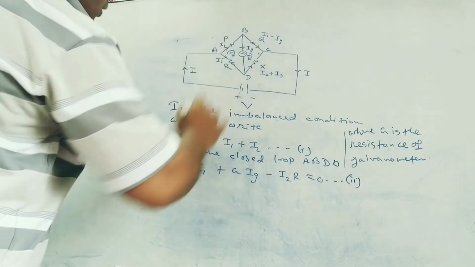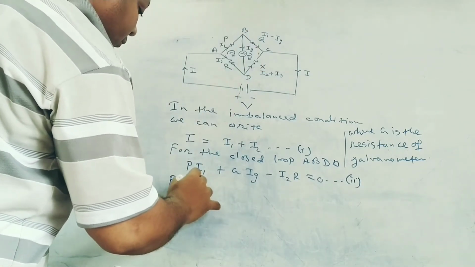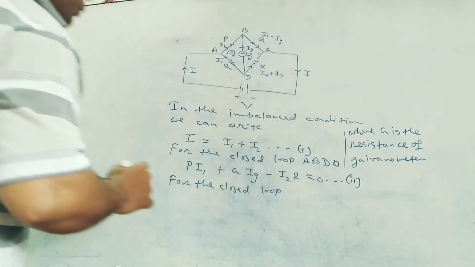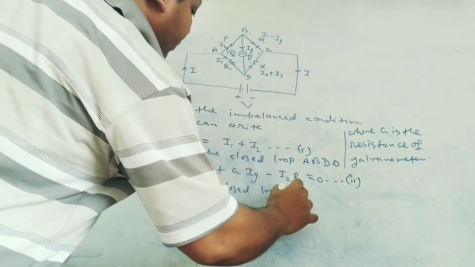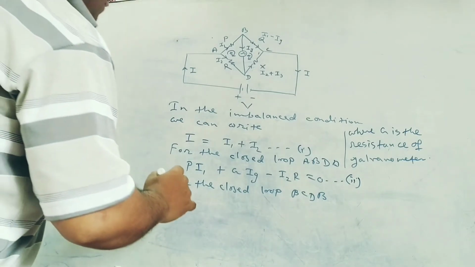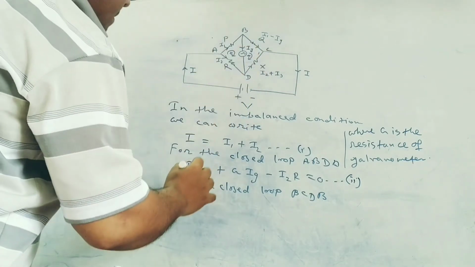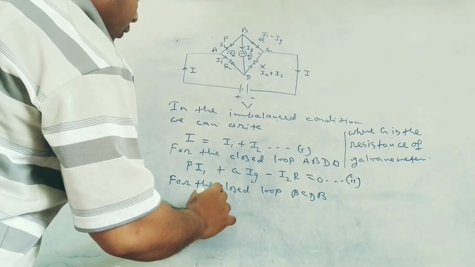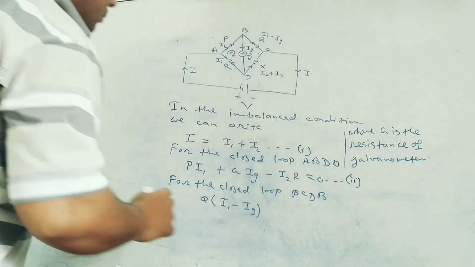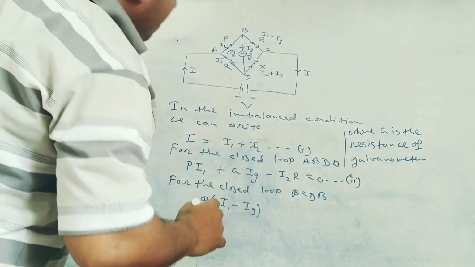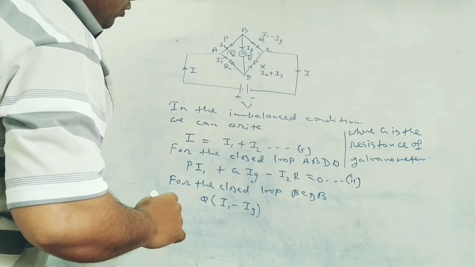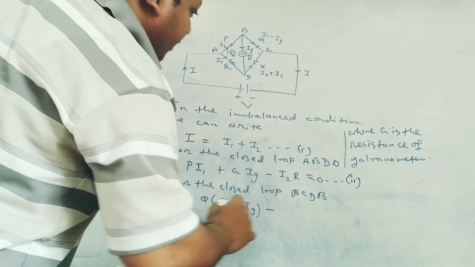And for the closed loop BCDB, we have Q into I1 minus Ig is positive, but here Ig and I2 plus Ig flow in the anti-clockwise direction, that means they are negative.